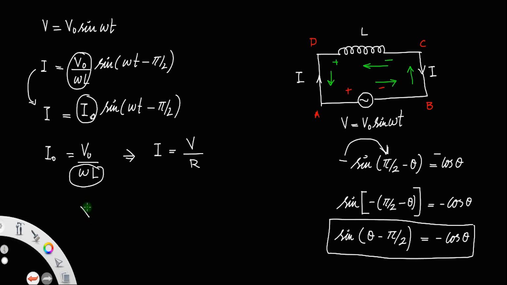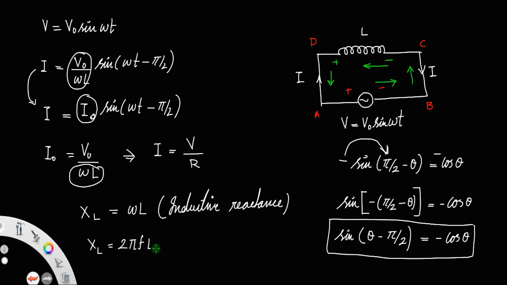So we can write XL equal to omega L, where XL is the resistance offered by the inductor to the flow of AC, and we call that inductive reactance. Clear? Or you can write XL is equal to 2 pi f times L. We already discussed that angular frequency is equal to 2 pi f.